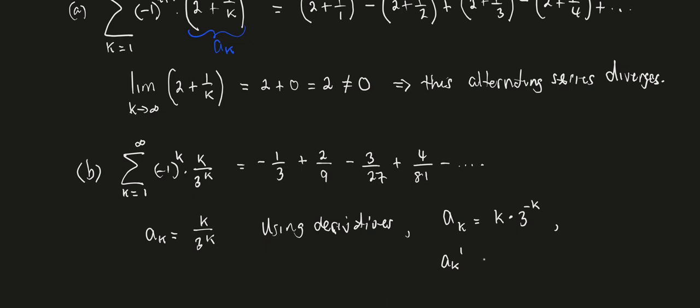So I'm just using this to represent our derivative. So using our product rule, derivative of the first is 1 times the second. We have, not e, but 3 to the negative k. And then plus the first times the derivative of the second. So we have to remember this requires the chain rule.